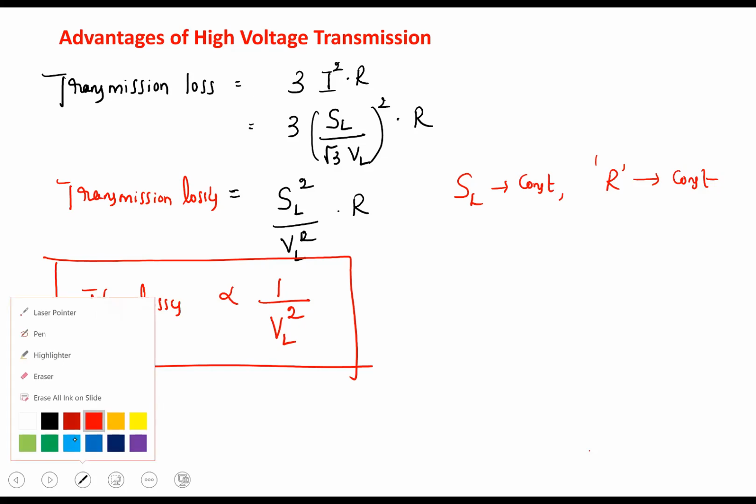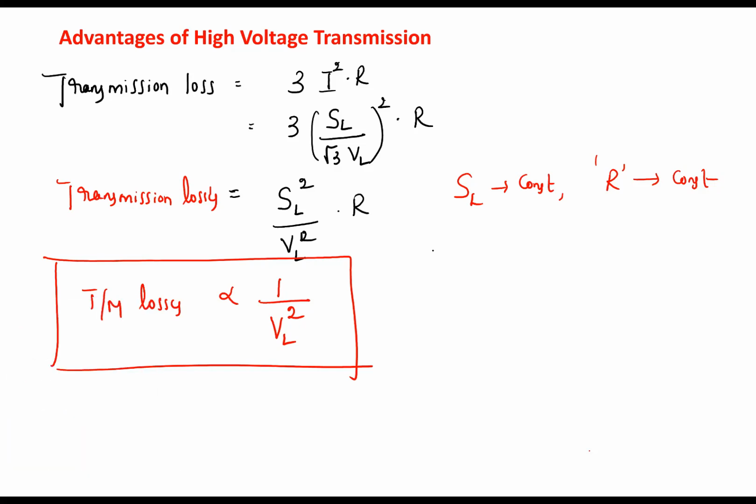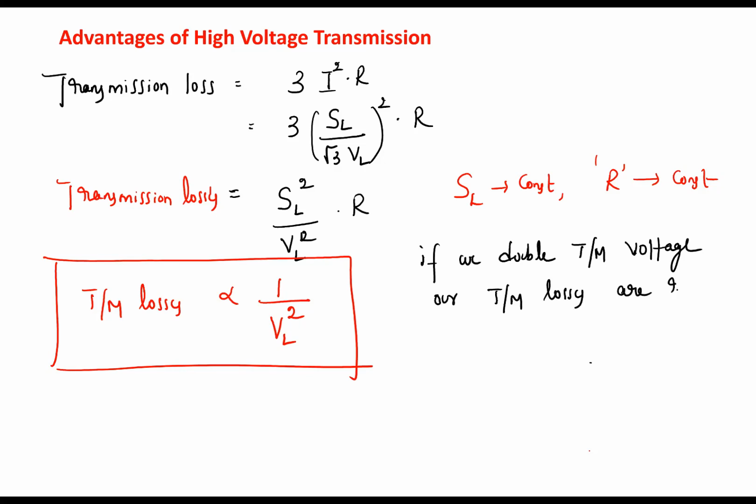So this is the second advantage. If we double the transmission voltage, our transmission losses are reduced by 4 times. Once the transmission losses are reduced, your transmission efficiency will increase.